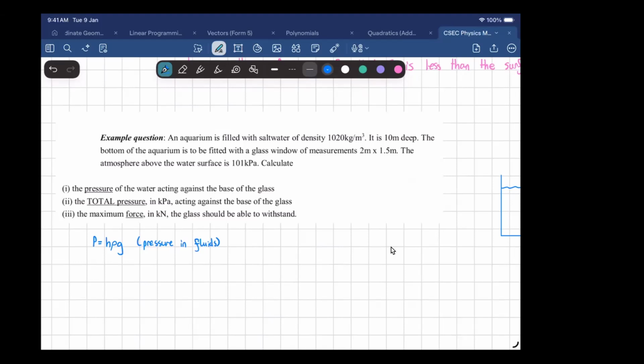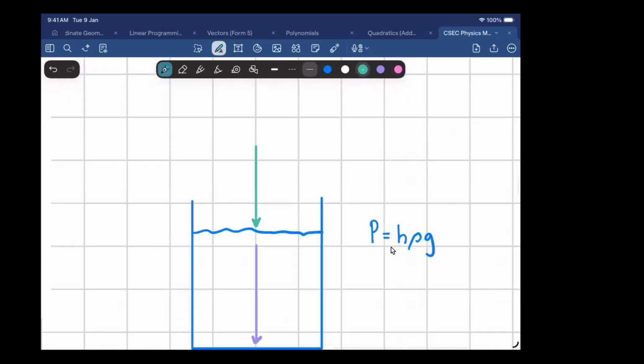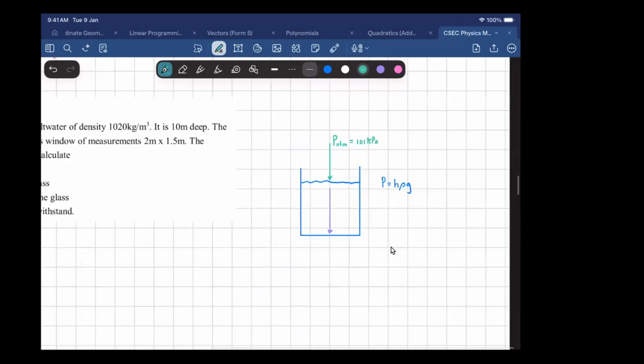It's 101 kilopascals. So I'm going to write that in here. So the pressure in the atmosphere. Nice.